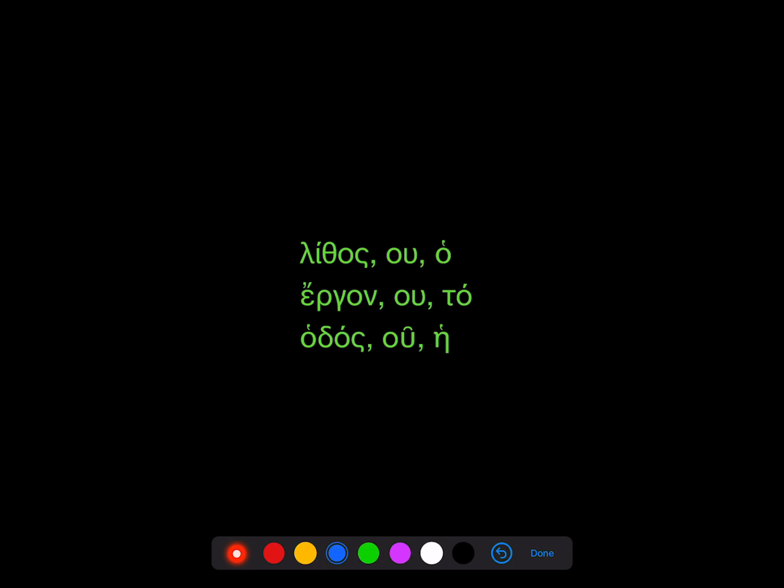Finally, let's think about what these will look like in the vocabs. So I have three different nouns here, all second declension nouns. First, lithos, lithou, ho. So you can tell it's a second declension noun because it's got that oo in the genitive. And you can tell it's masculine because they've given us the nominative singular masculine definite article here.